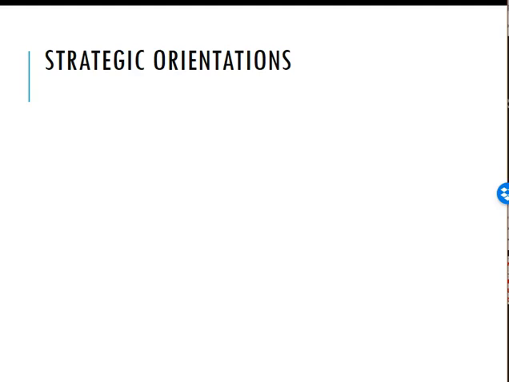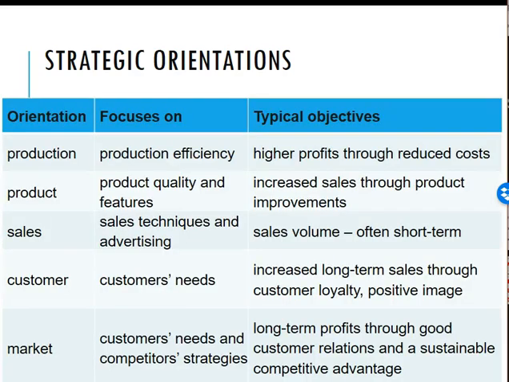The text then takes you through what I consider to be kind of the history of marketing from the beginning, and then the possible orientations of a business today. So for example, when we had to make things by hand and we were more of a transactional, nomadic society, we would be in more of the production orientation, meaning that the only way to increase our profits was through reducing the cost of making the products.